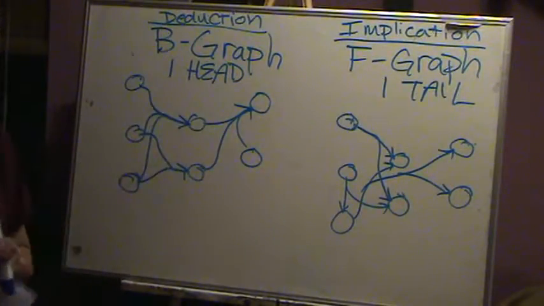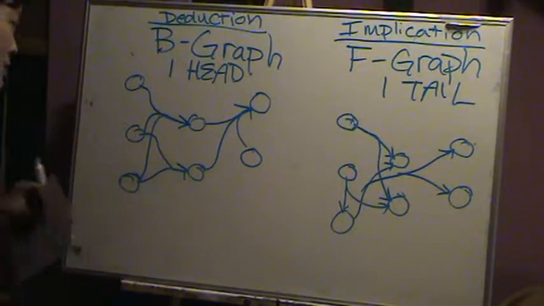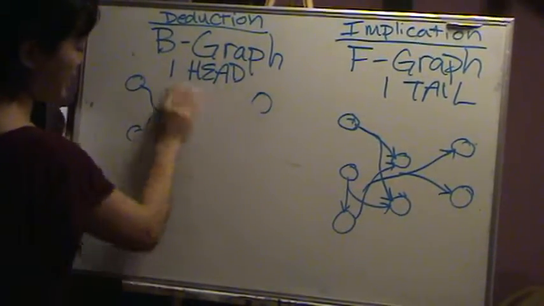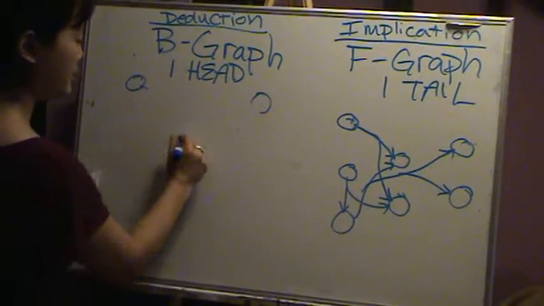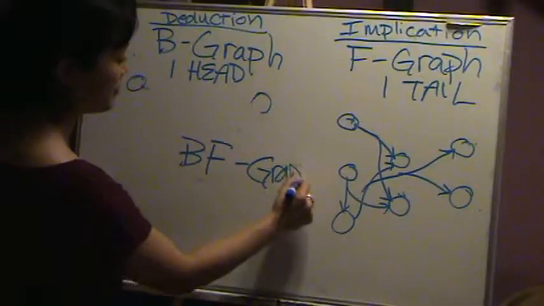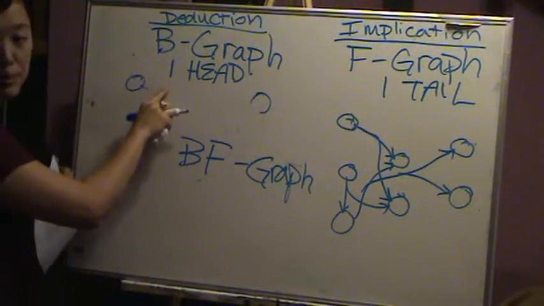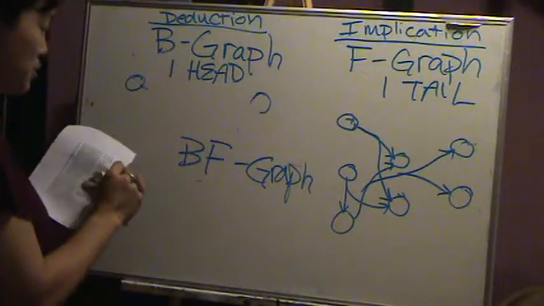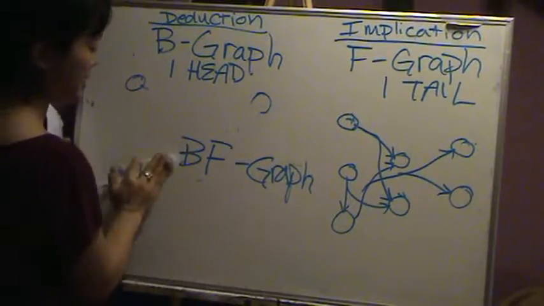These 2 graphs are the types I used in the application I developed. And specifically, I used a BF graph, which is a graph that has B hyperarcs or F hyperarcs, which means that it has both deduction and implication in it.